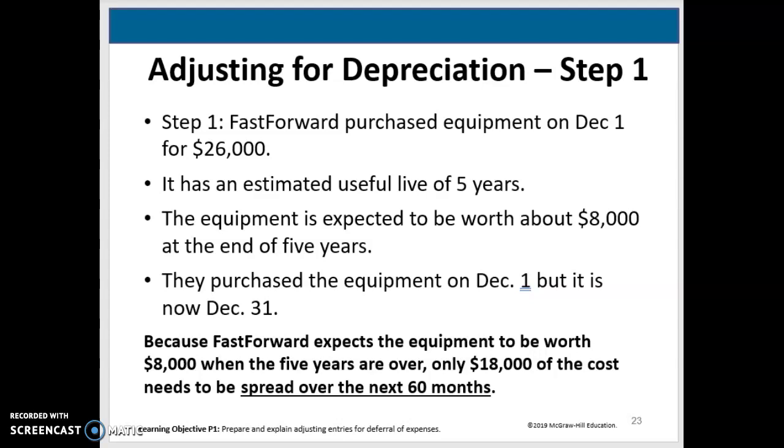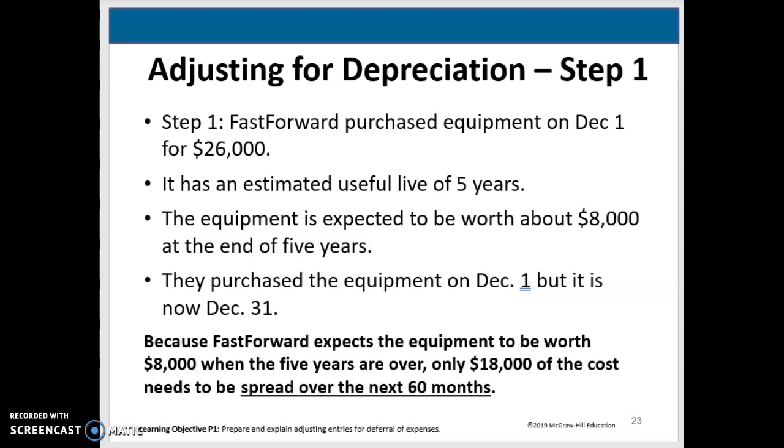So we have to break that down into what we're going to be expensing over each month. It says it's 5 years. So 5 years is 60 months. So we're going to divide and expense every month for 60 months the value of this. We expect it to be worth $8,000 when the 5 years are over. So we're going to take $26,000 minus $8,000 divided by 60 months.